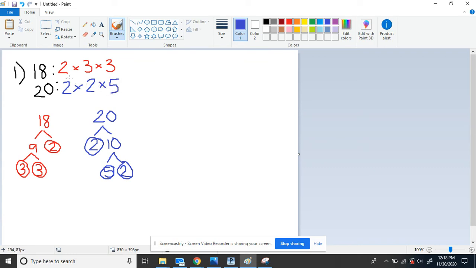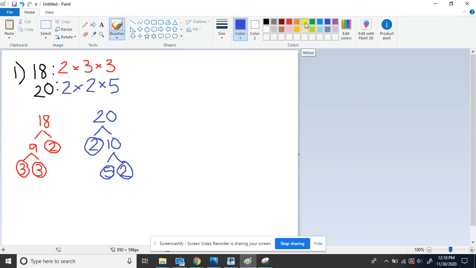I can check to make sure that I am correct by multiplying my prime factors, and I should equal my main number. So 2 times 3 is 6, times 3 is 18. I'm correct there. 2 times 2 is 4, times 5 is 20. So there's my prime factors.